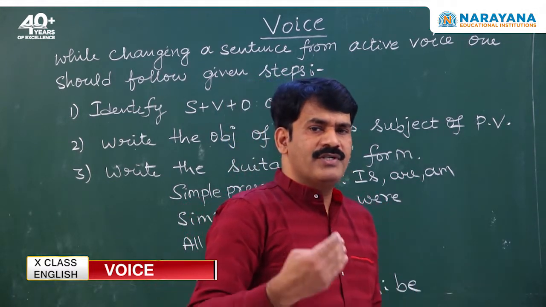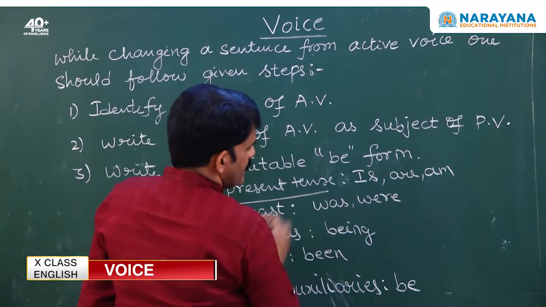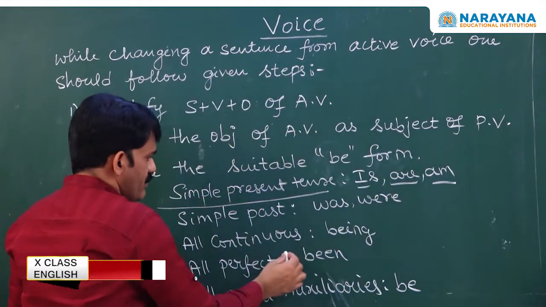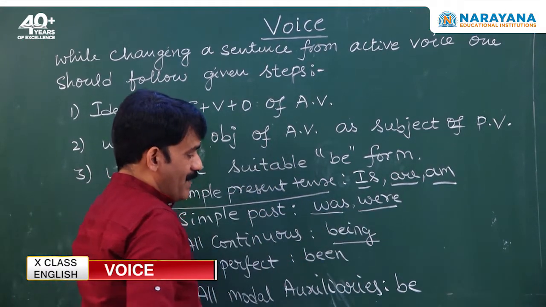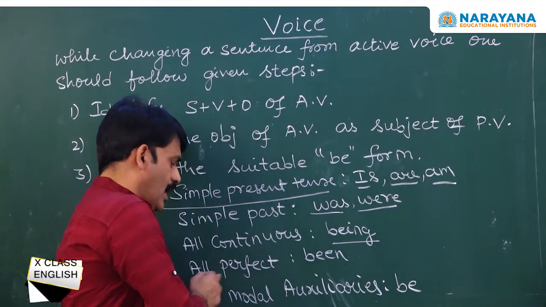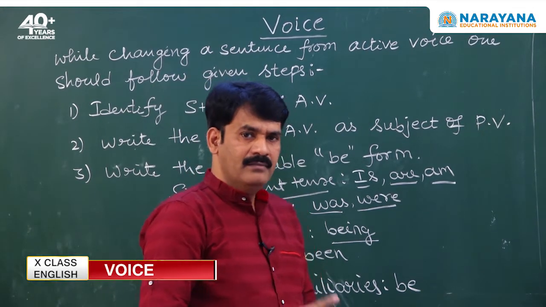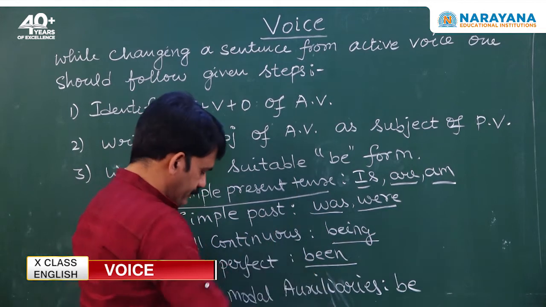Let us see the be forms. What are the be forms we generally use? Simple present tense be forms are is, are, am. Simple past be forms are was, were. Present continuous and past continuous tense be form is being. All perfect tenses, present perfect, past perfect and future perfect, take the be form been.